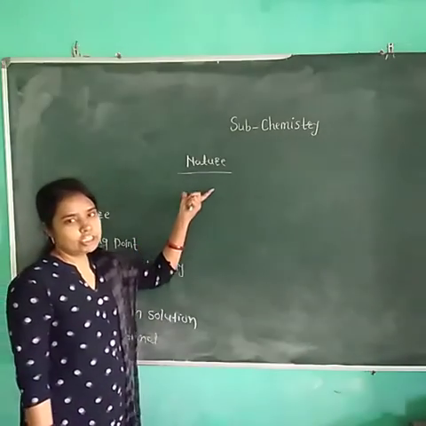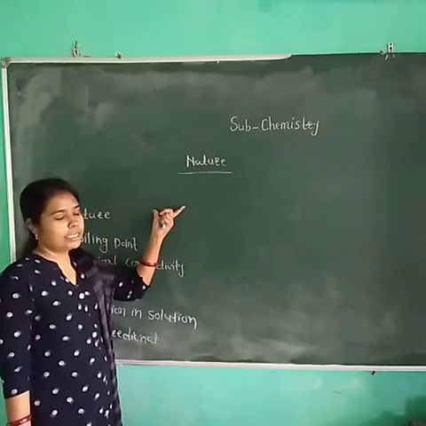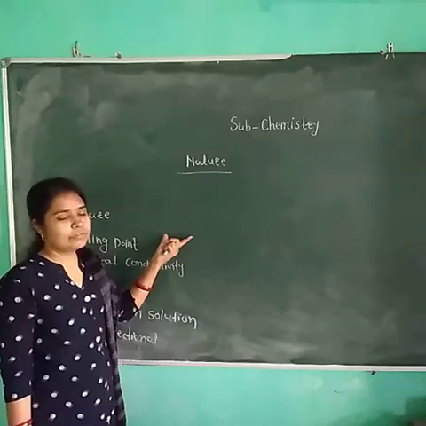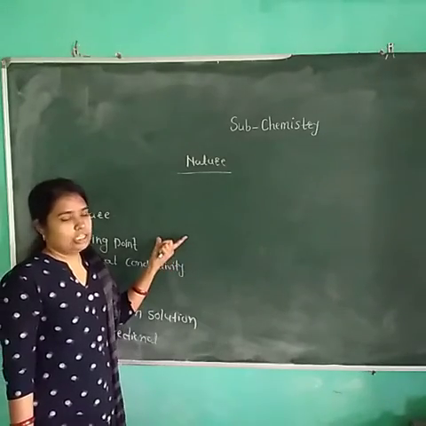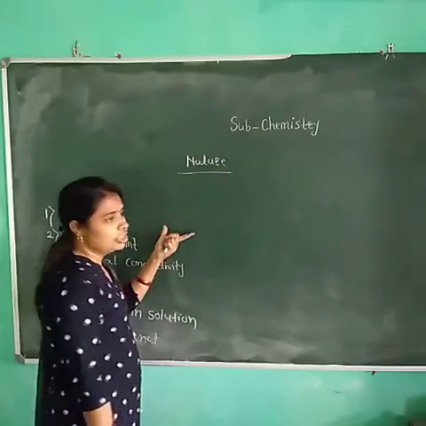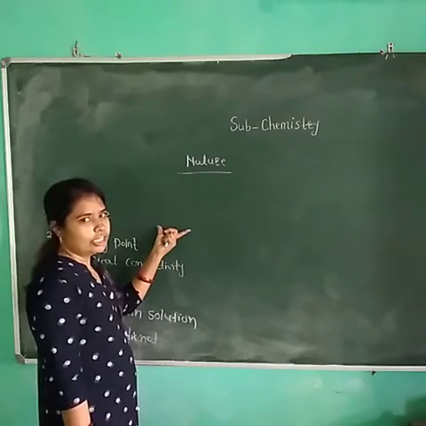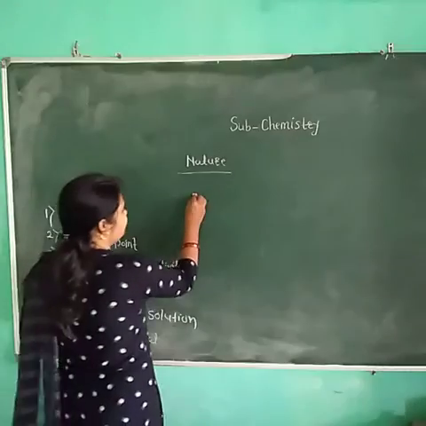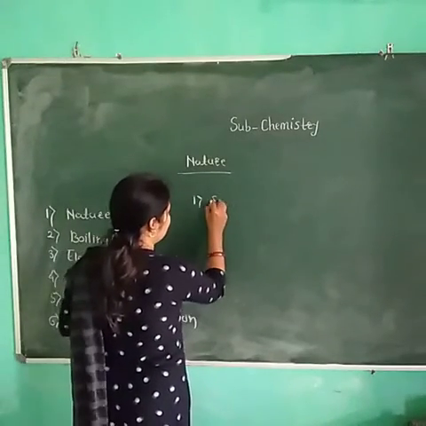It is ordinary in the solid state. It will always remain in the solid state. But in the molten state, what is the effect of the temperature, and what is the effect when it is dissolved in an ordinary solvent, that is water? The nature means it is ordinary in the solid state.